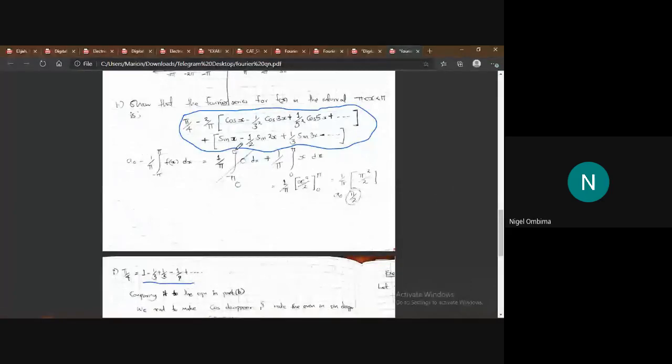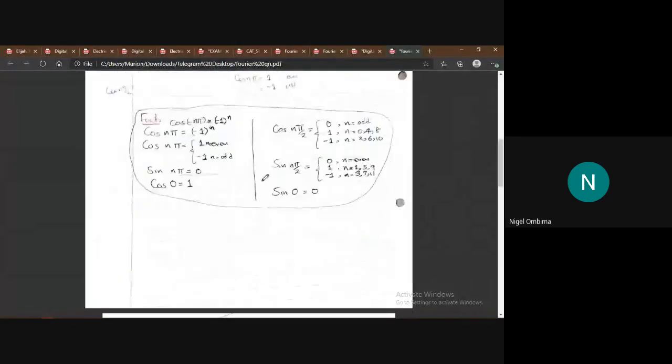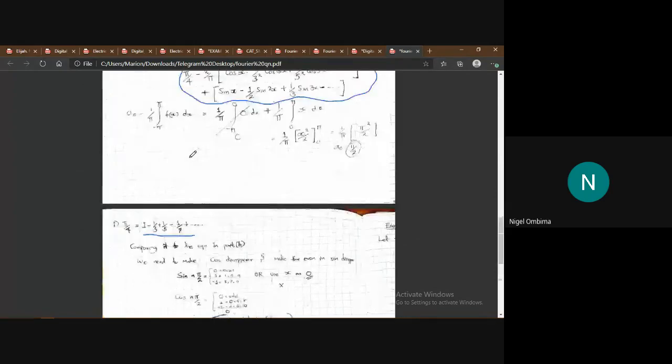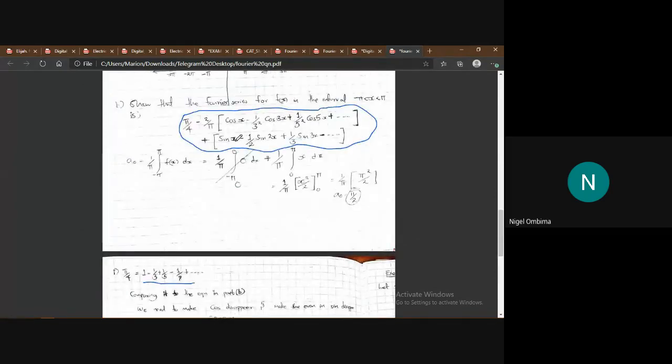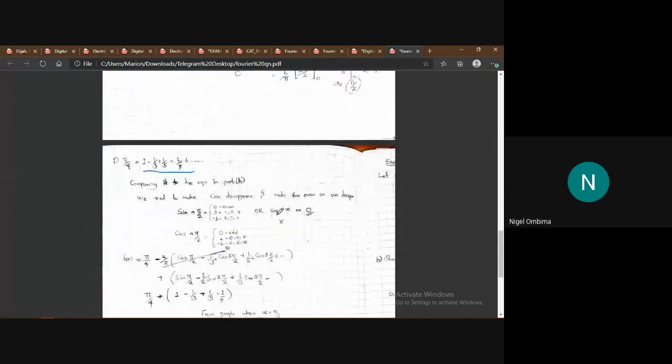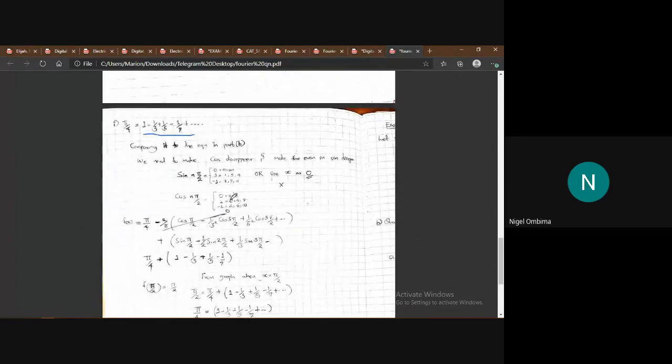And how do we do that? We go back up here. Which one can help us make the cos disappear and the even values of sine disappear from all of this? I found it was we use x as pi over 2. I was just comparing all three of them.